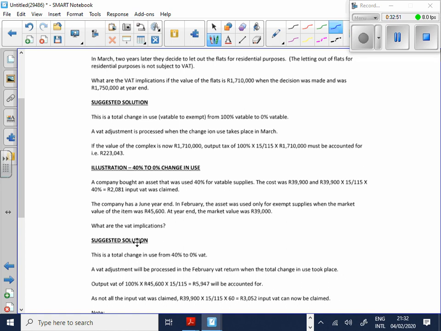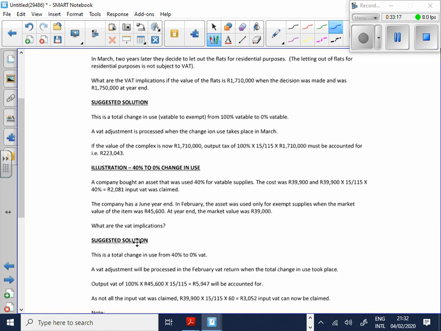Because when do you do the VAT adjustment for a partial? Year end. If this is a total change, you're going to base it on the date when the asset changed in use. So it says there's a total change in use from 40% to 0%. A VAT adjustment will be processed in the February VAT return when the total change in use took place. Output VAT of 100%.